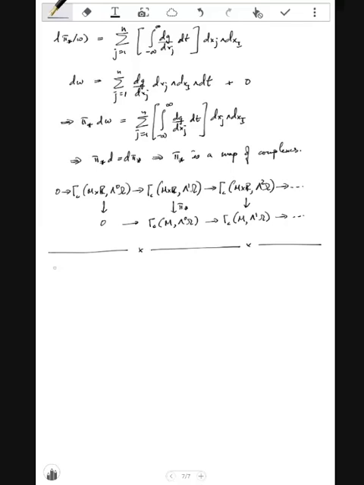Next we will show that the map e lower star pi lower star is homotopic to the identity.